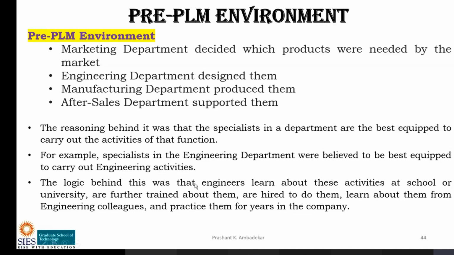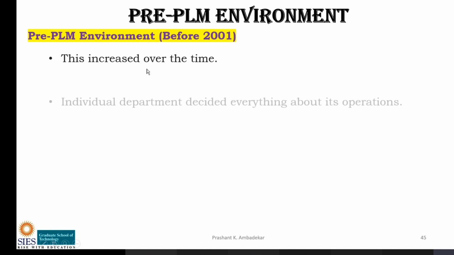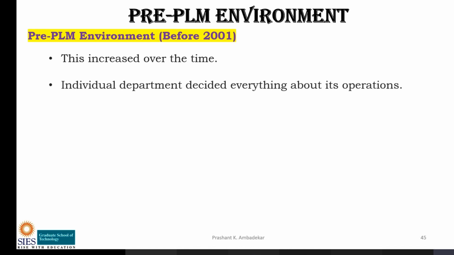It was department-wise. So afterwards it was realized that there are some issues coming up. These issues increased over time, and the individual department decided everything about its operation. It was becoming more and more department specific.